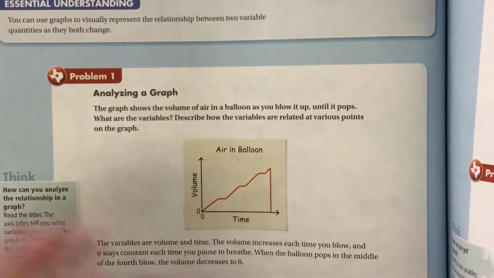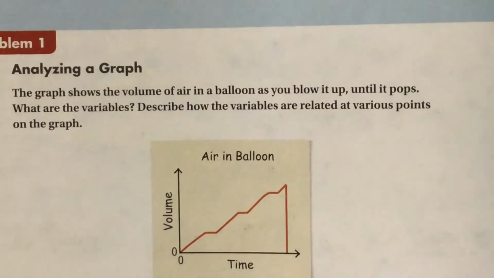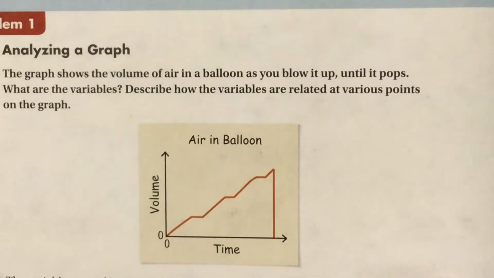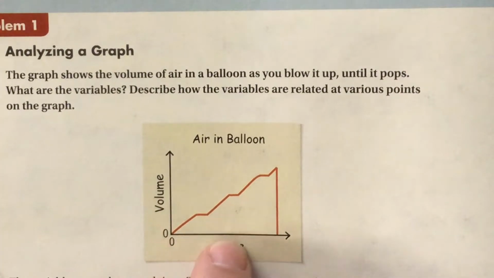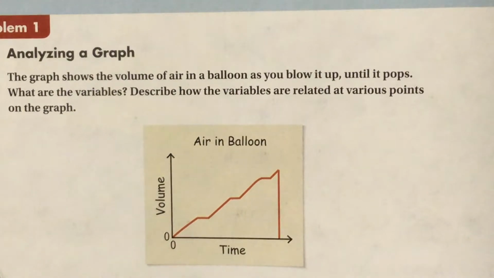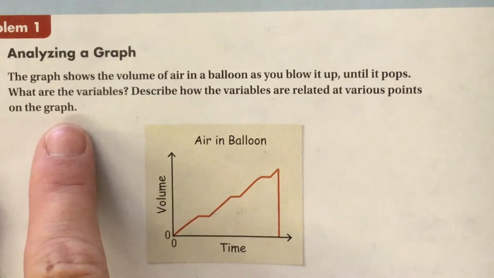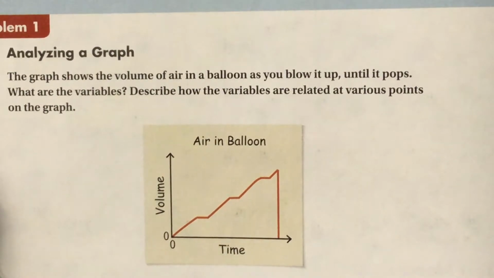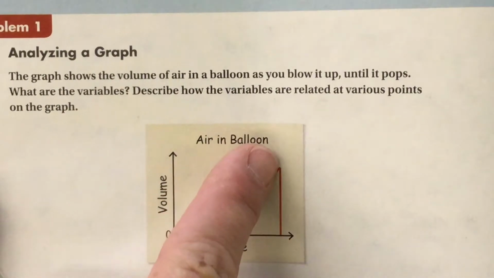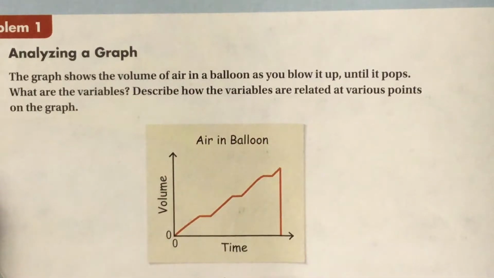Look at this one right here: air in a balloon. Over time, what's happening here? You're blowing it up. The graph shows the volume of air in a balloon as you blow it up until it pops. So the volume quickly goes up.